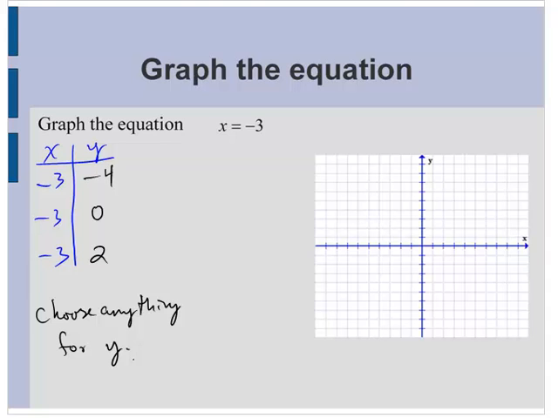Again, I'm just choosing several numbers. All right, -3, -4, -3, 0, -3, 2. All of these points are on the same vertical line. This is the line x equals -3, a vertical line. All of the points on that line have the x-coordinate -3.